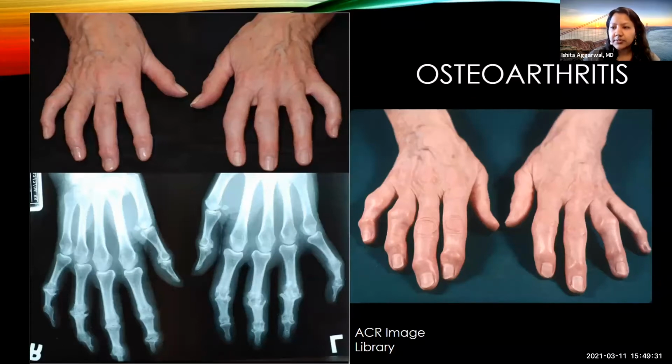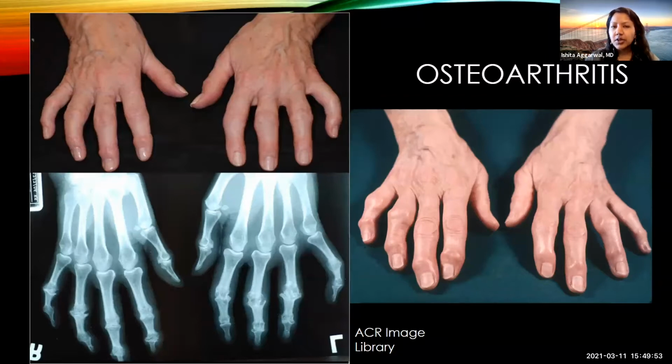Certainly, obesity is a risk factor for knee and hand osteoarthritis, and obese people who have not yet developed osteoarthritis may be able to reduce their risk, and even a loss of 5 kilograms of weight can lead to a 50% reduction in the odds of developing symptomatic knee osteoarthritis.